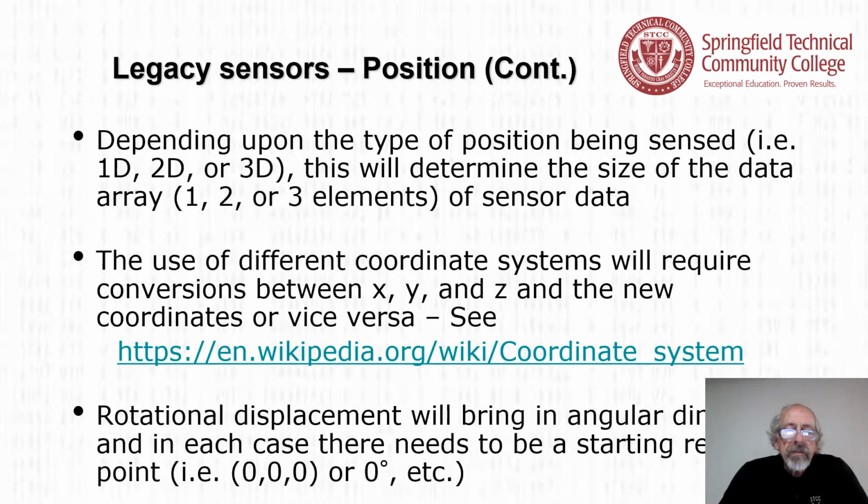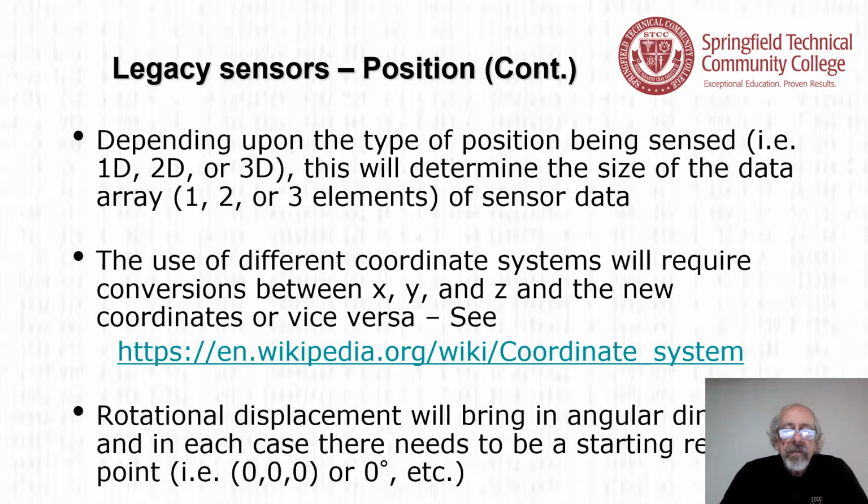So continuing with this, depending upon the type of position being sensed, that is 1, 2, or 3D, this will determine the size of the data array, 1, 2, or 3 elements of sensor data, in the case of 1, 2, or 3D. The use of different coordinate systems will require conversions between X, Y, and Z, and the new coordinates or vice versa.